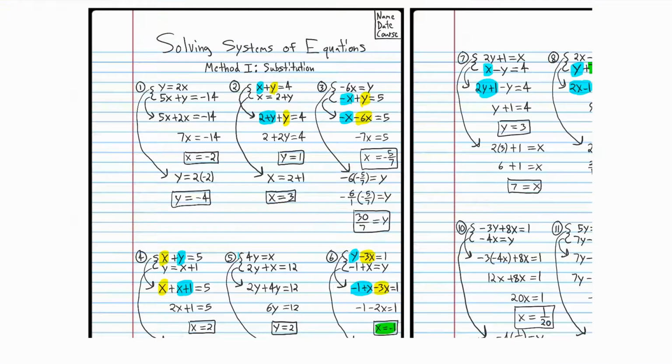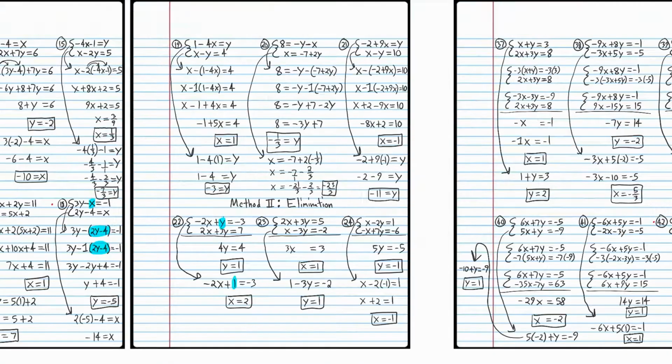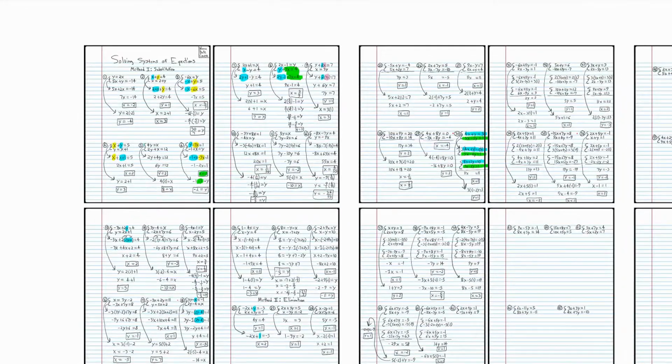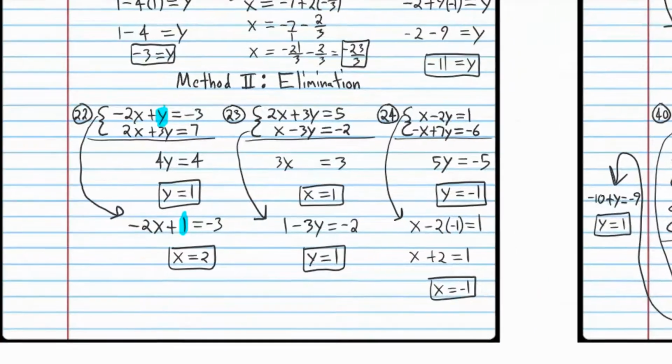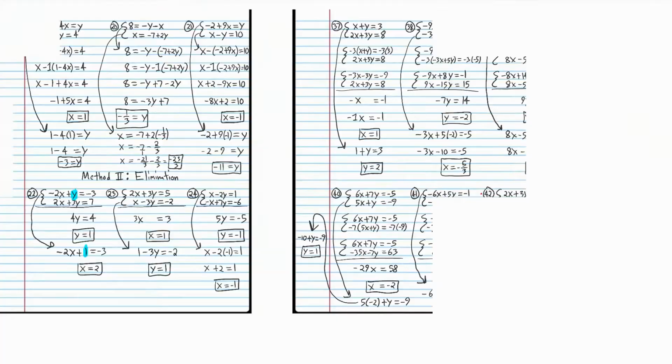And the other method, elimination, we have three different types of problems for elimination. One problem is when we just go ahead and add the equations together without doing anything because some of the coefficients are the same. But we had another type of problem where we had to multiply one of the equations so that we could eliminate, and then we could add them together.